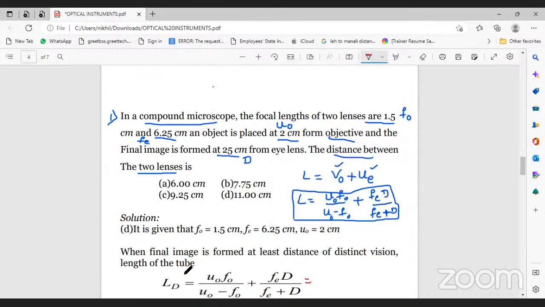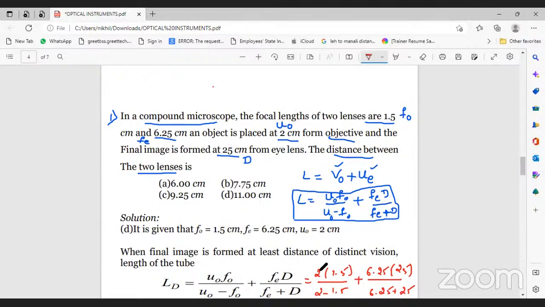This is equal to, what is U naught? 2. F naught is 1.5, divided by 2 minus 1.5, plus focal length of eyepiece 6.25 into capital D, 25, divided by Fe plus D. What is the focal length of the eyepiece? 6.25 plus 25.